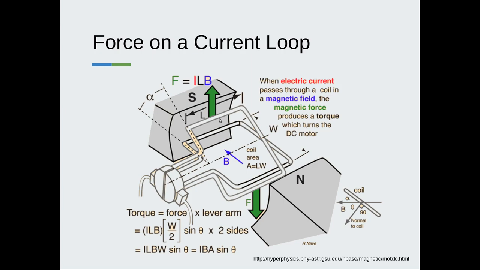And here's the length of the current, which changes the force. You can see the length, the magnetic field strength, and the current. So it changes the strength of the force. And this is the arm of your rotation, from here to here.